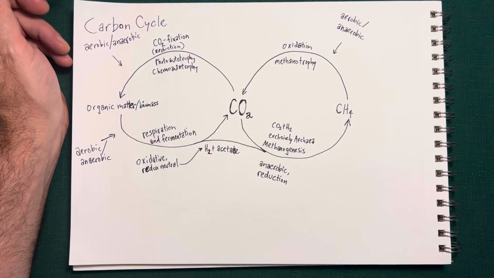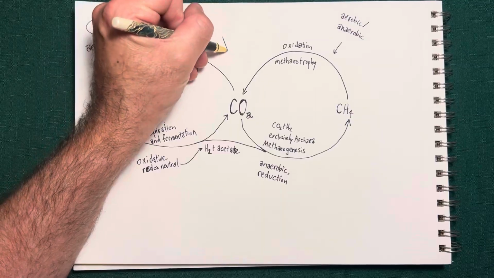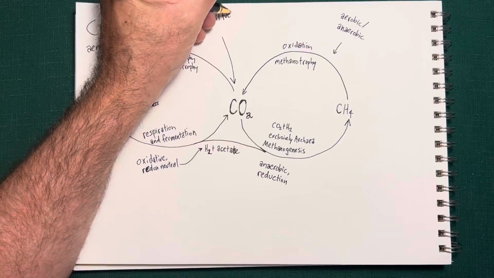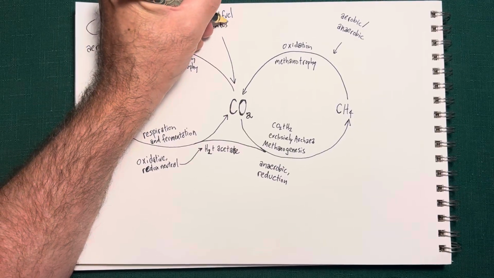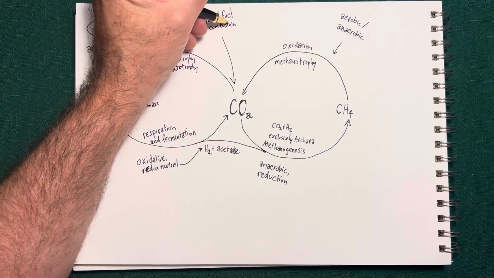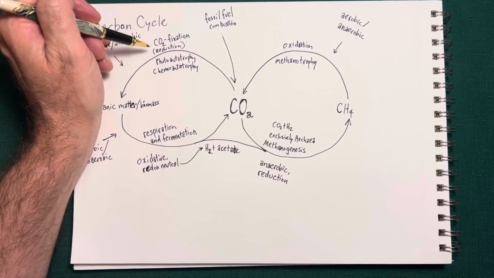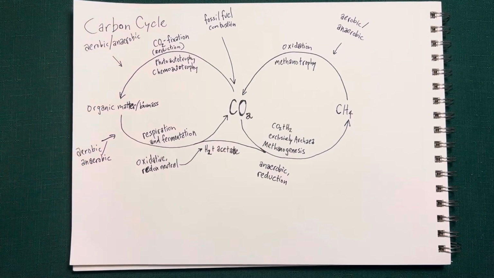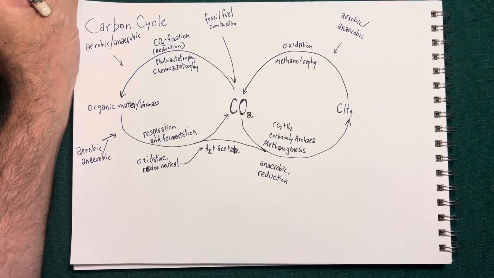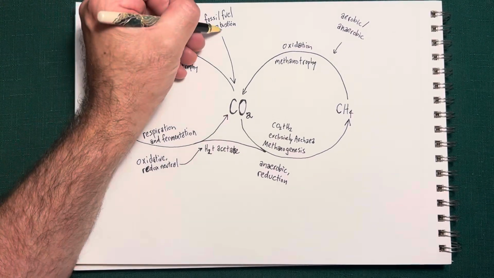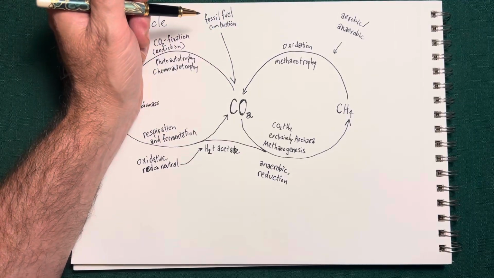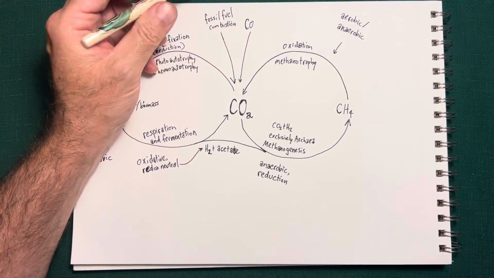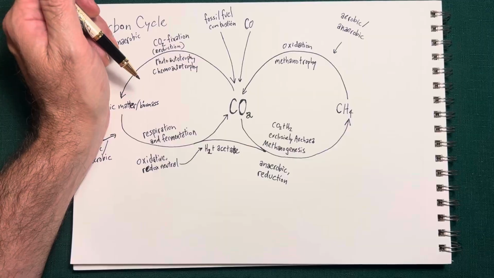Okay, so we're almost done here. There's just a couple more pathways we need to add in here. One is the process of fossil fuel combustion, where we take the ancient carbon dioxide fixation, ancient photosynthesis, in the form of things like coal and in petroleum, carbon that has been fixed millions of years ago, and we can release that carbon back into the atmosphere through burning, or carbon monoxide can also be oxidized to form carbon dioxide.